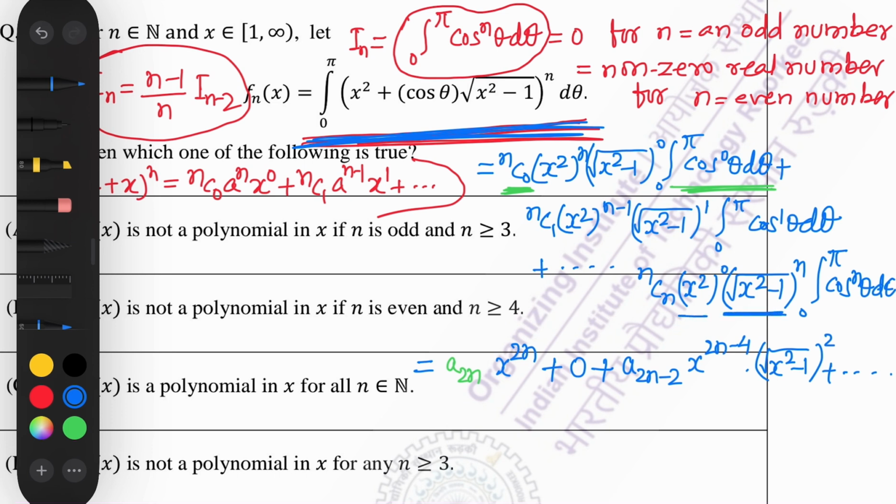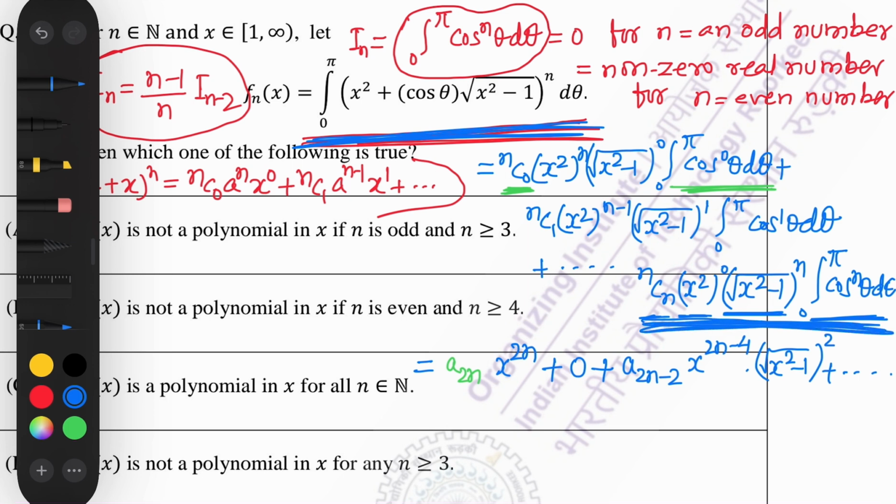This is 1 and this is a real number, okay, and since n is an even number, it will be a non-zero real number. And again, the product of two polynomials, or one real number and one polynomial, is a new polynomial. So if n is an even number, then this whole thing is a polynomial.